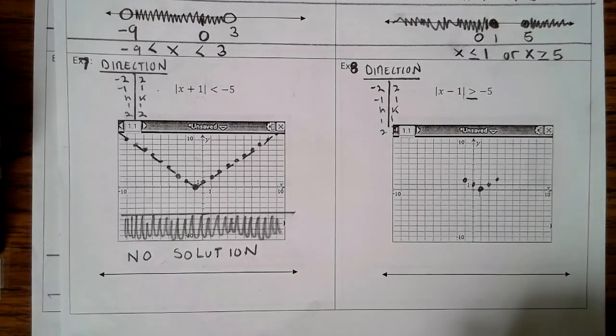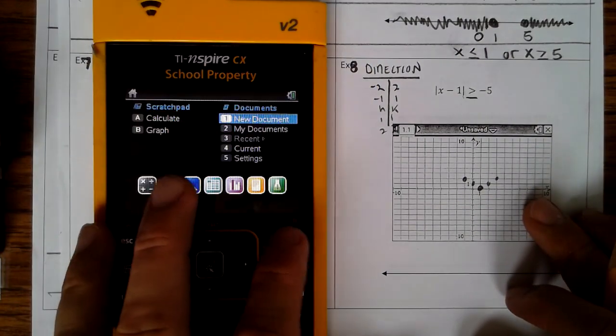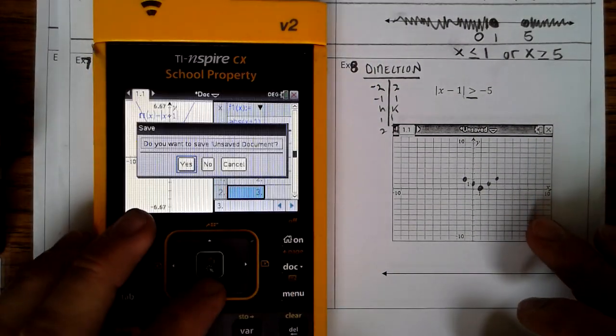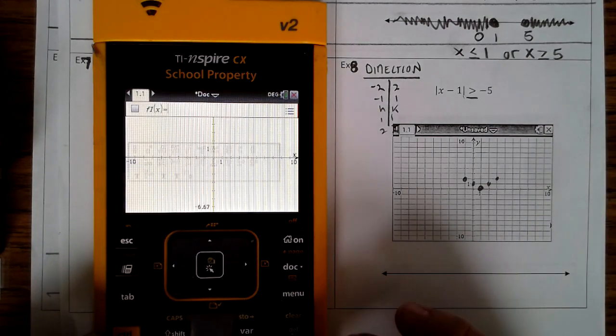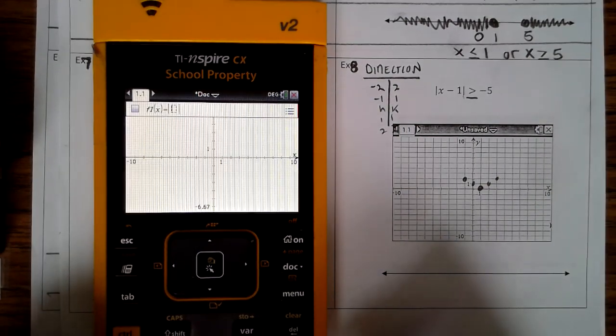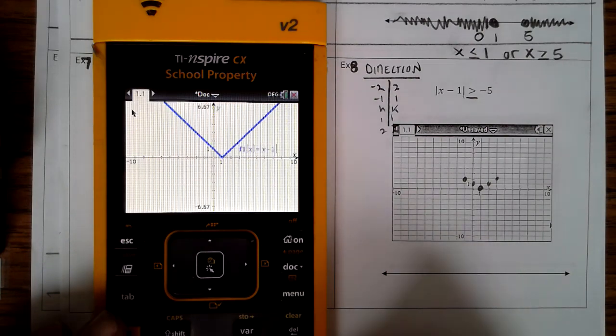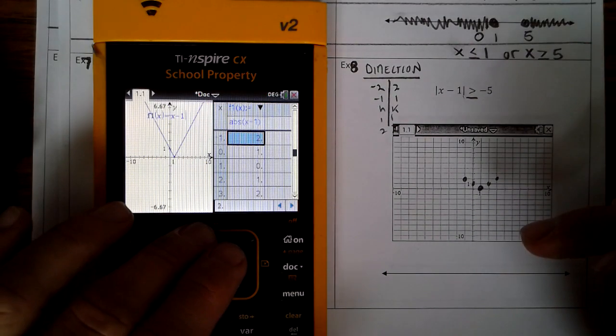Now, if you didn't understand graphing by direction, we can graph using the calculator. So we go to on, new document, no, add graph, absolute value of x minus 1, control T, go all the way to when x is -10.